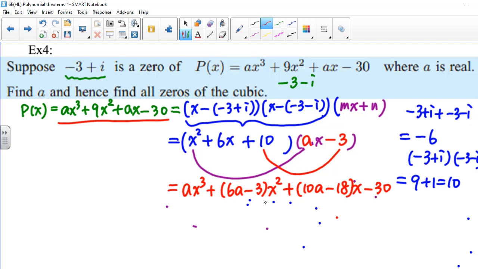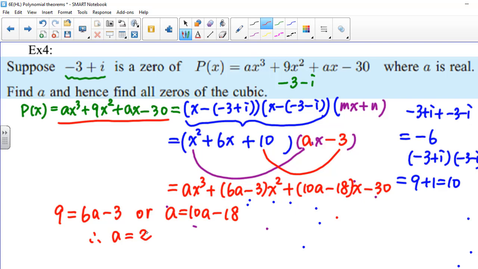This polynomial equals this polynomial. We only need to equate the corresponding terms to find the missing value a. So we can have 9 equals 6a minus 3, or we can have a equals 10a minus 18. You can use either of these two equations to find the a value. Anyways, the a value should be 2.